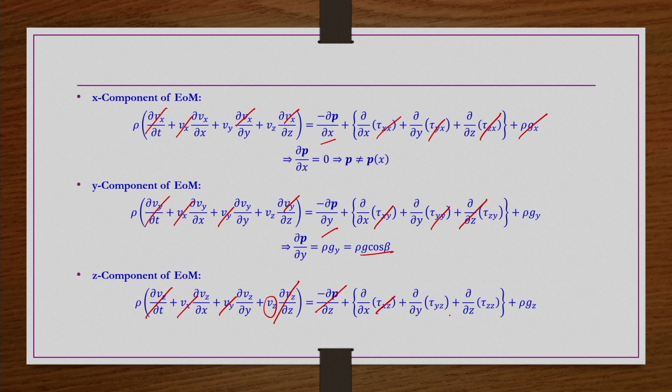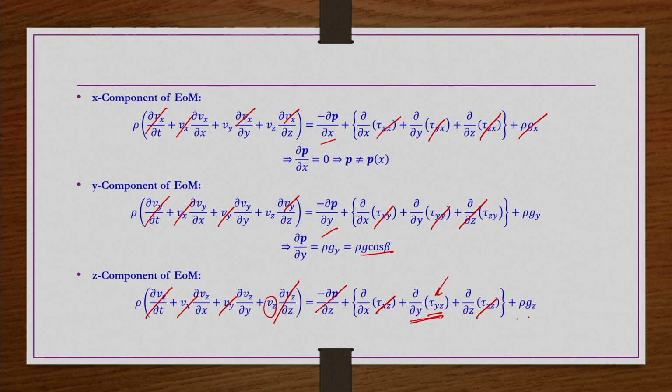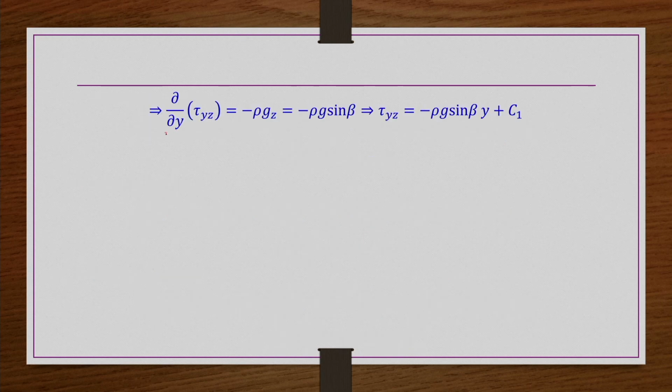Tau xz and tau zz are not existing, tau yz is existing, and it is a function of y also, because the thickness of the fluid is expanding in the y direction. From y = 0 to y = h, the shear stress is varying, so that component you cannot cancel out, and gravity in the z direction is existing. That means ∂/∂y of tau yz = minus rho gz, that means minus rho g sin beta. So once we have this tau yz expression, the rest is simplification to get the required velocity profile.